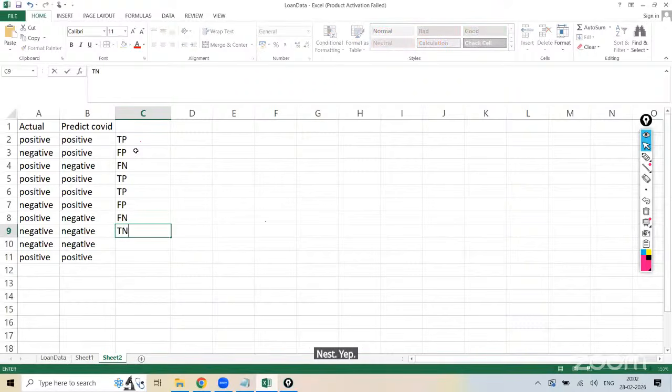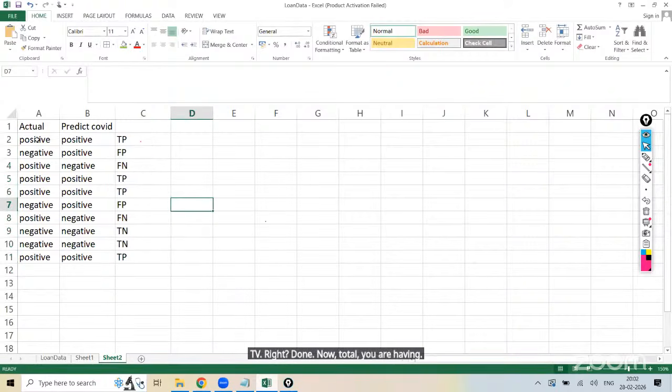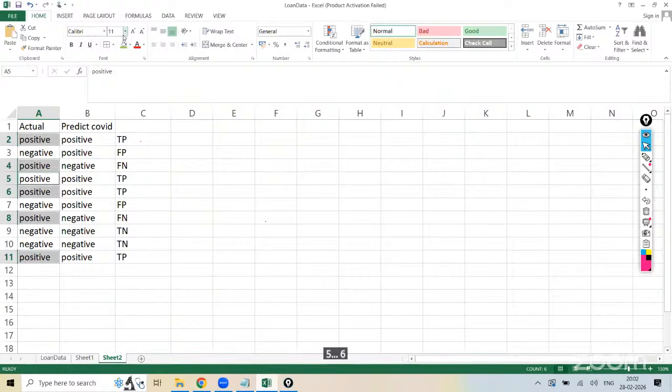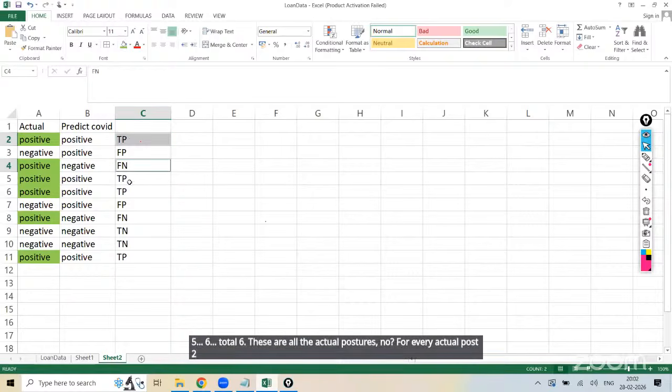Next, TN. Again TN. Next, TP. Right? Done. Now correct within the actual positives: 1, 2, 3, 4, 5, 6. Total 6. These are all the actual positives. Now for every actual positive, can you tell me what things you are observing?